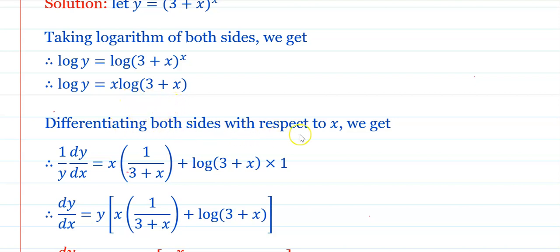Here we will apply the product rule. First keep x as it is, and the derivative of log of (3 plus x) is 1 upon (3 plus x) into d by dx of (3 plus x). The derivative of 3 is 0 and the derivative of x is 1. Plus, now keep log of (3 plus x) as it is, and the derivative of x is 1.